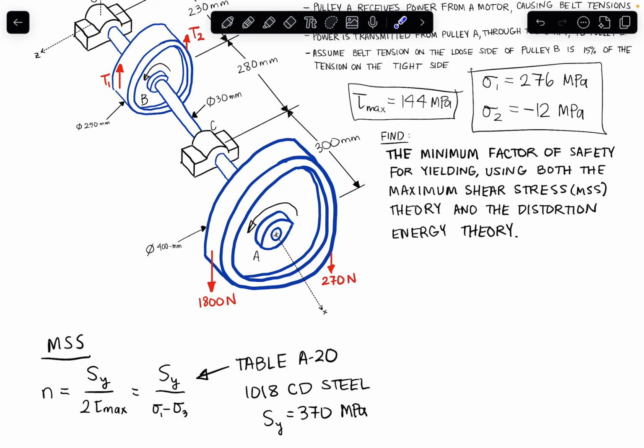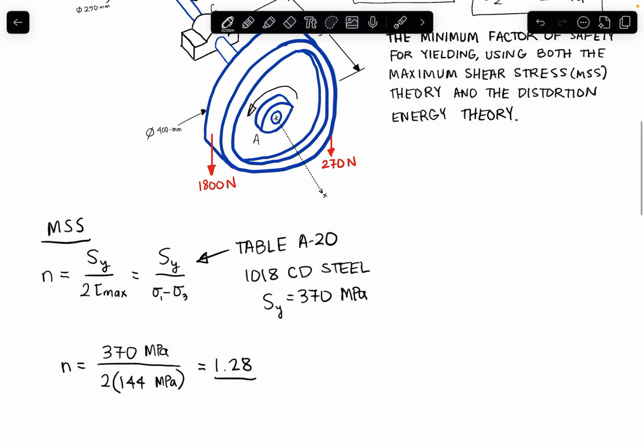Now, these have been a little bit mislabeled because for any stress state, we're going to have sigma 1, which should be greater than or equal to sigma 2, which should be greater than or equal to sigma 3. So we're always going to order our principal stresses from most positive to most negative.